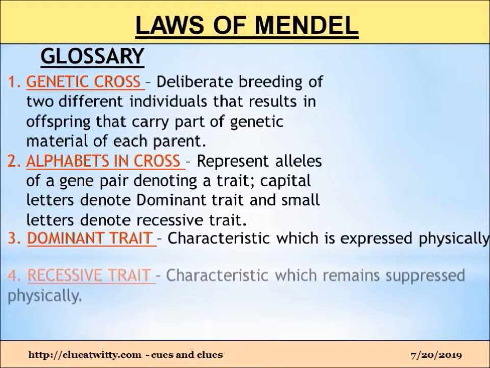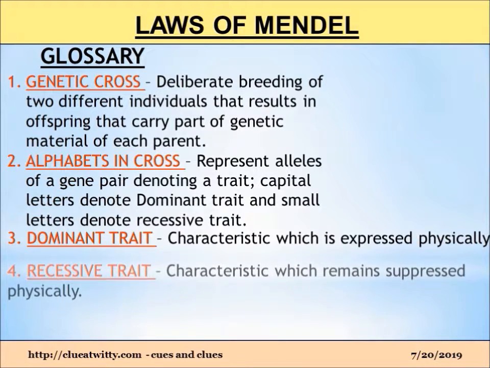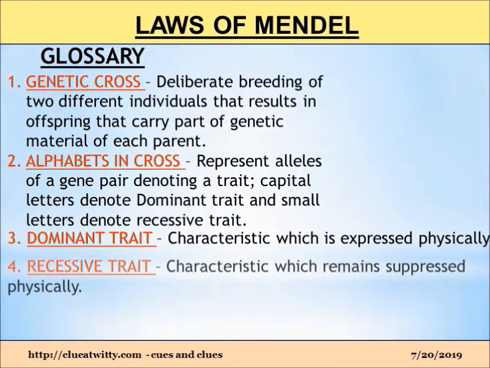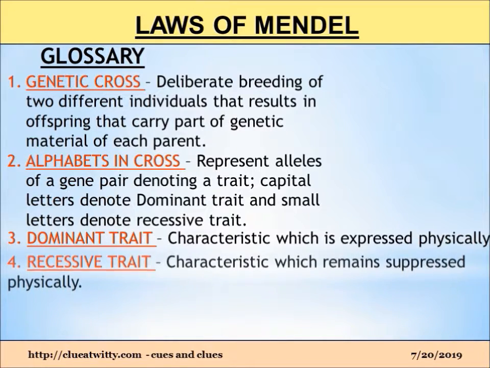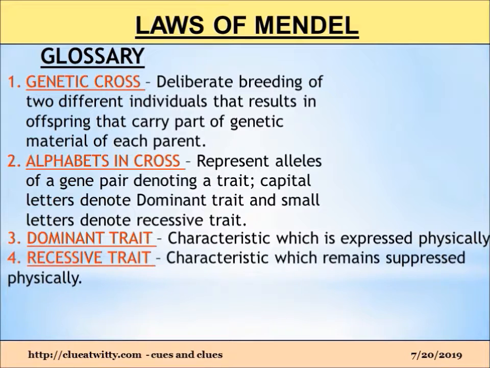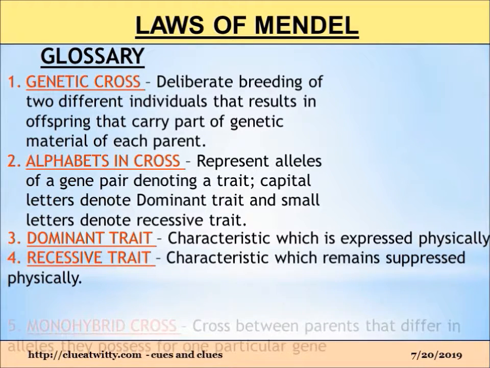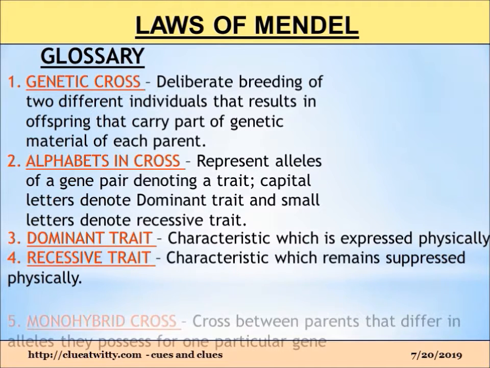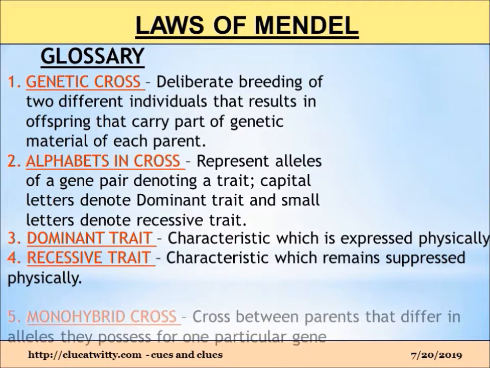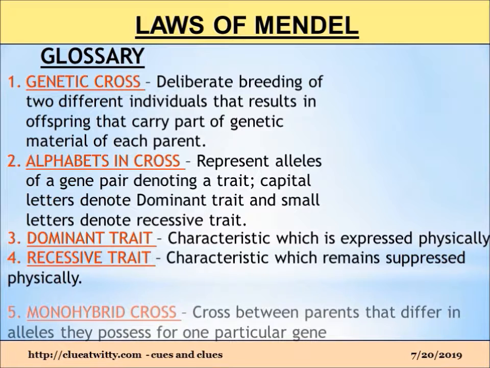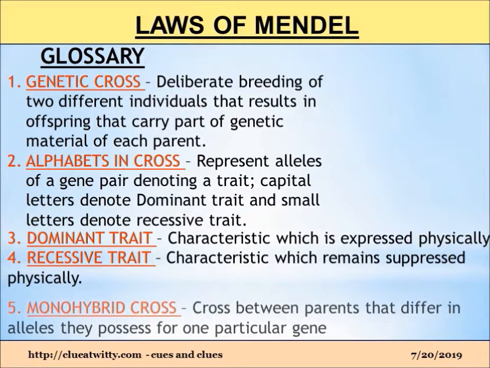A dominant trait is one which is expressed physically, while a recessive trait remains suppressed. For example, in flower colors, the purple color is dominant, that is expressed, over white, which remains suppressed.